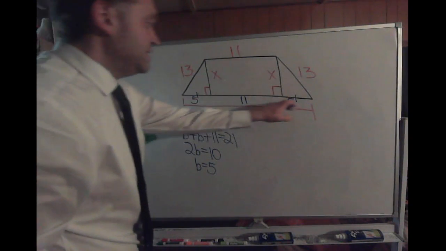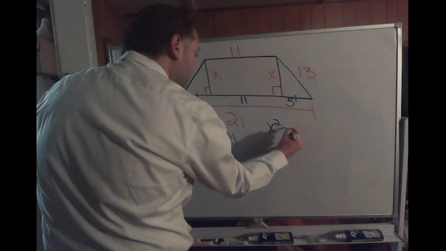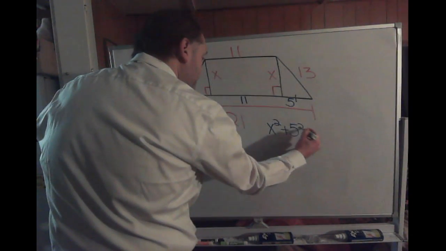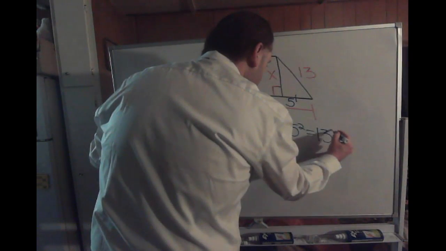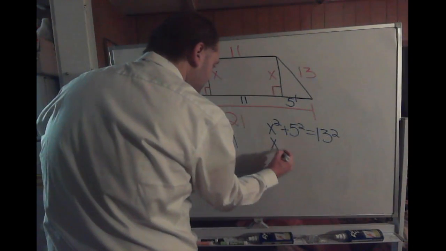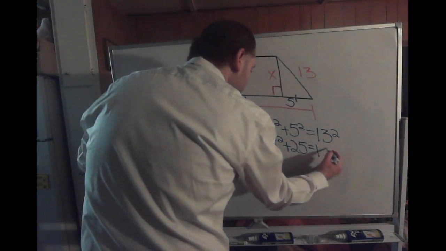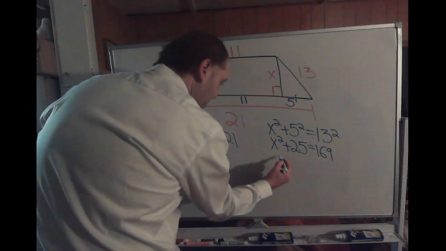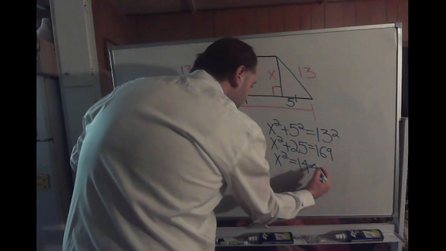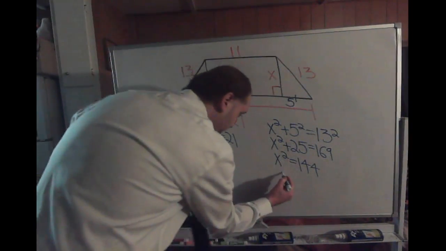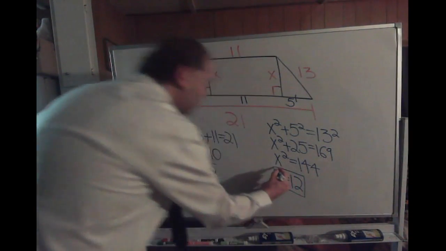Since these equal 5, we take x squared plus 5 squared and set it equal to the hypotenuse squared, 13 squared. So x squared plus 25 equals 169, which gives you x squared equals 144. The positive square root of 144 is 12. So therefore, x has a length of 12.